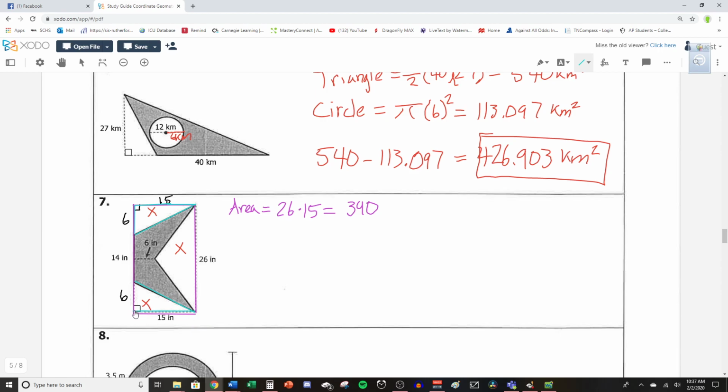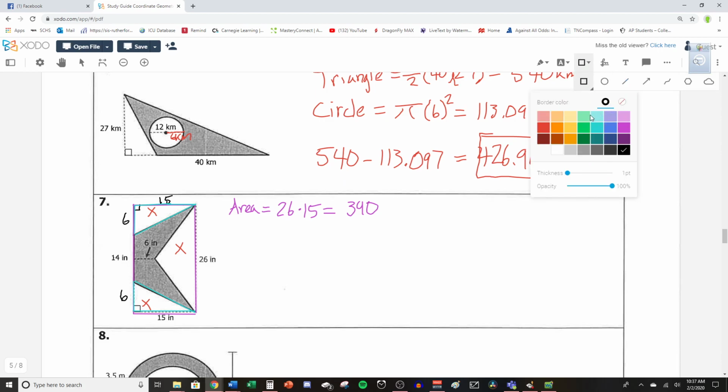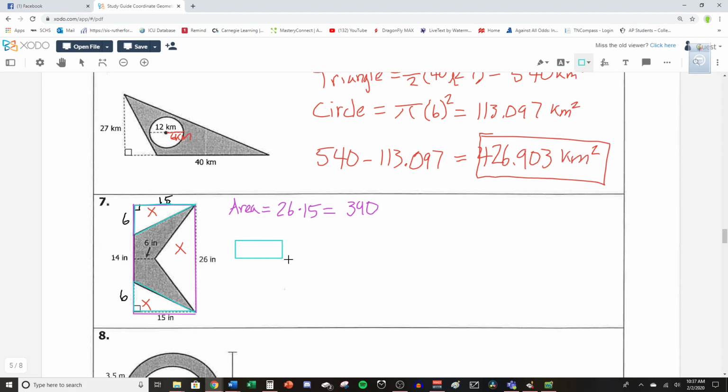If I redraw them, I could rearrange them such that they looked like this, with dimensions of 6 and 15.